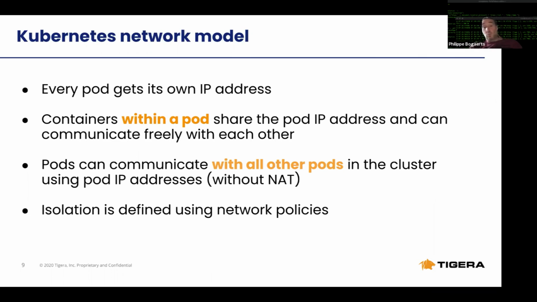Another thing which is very important and often can run you into trouble is that all pods are supposed to communicate with all other pods in a cluster using the pod IP address. That means that if a pod is sitting on node 1 and another pod is sitting on node 2, if they communicate to each other, they should actually see each other's IP address without any need for address translation.